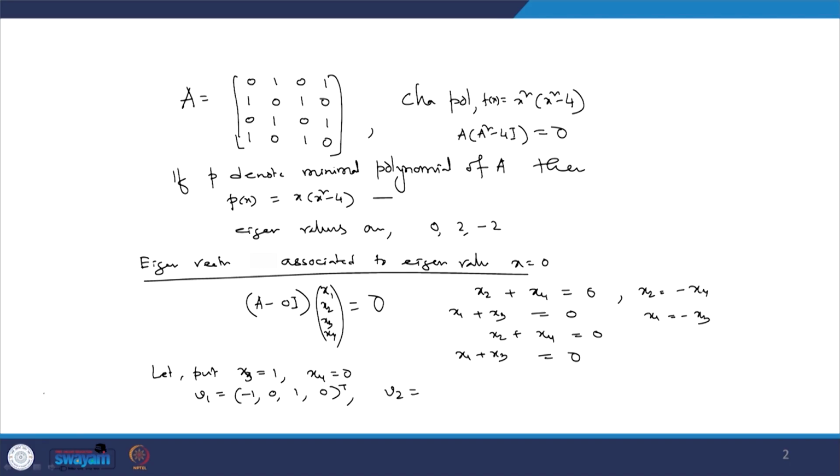Considering x3 equal to 0 and x4 equal to 1, I will have V2: x1 is minus x3, so it will be 0, x2 is minus x4, so it is minus 1, x3 equal to 0 and x4 is 1. So V1 equals this and V2 equals this quantity.